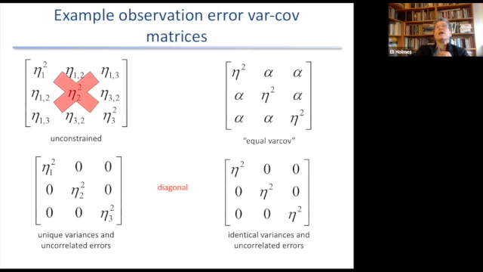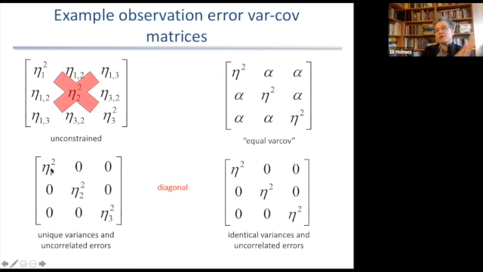So if I have a high observation error in my first census, I'm not more likely to have a high observation error that year in my second census. That's what uncorrelated means in this context. A different type of diagonal matrix would be this one. They're still uncorrelated, but the variances are different. So these would be diagonal and unequal, and this would be diagonal and equal variance.